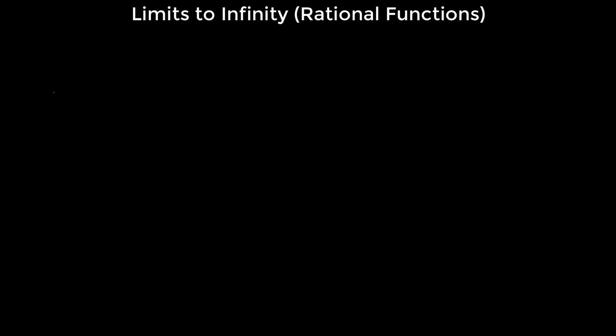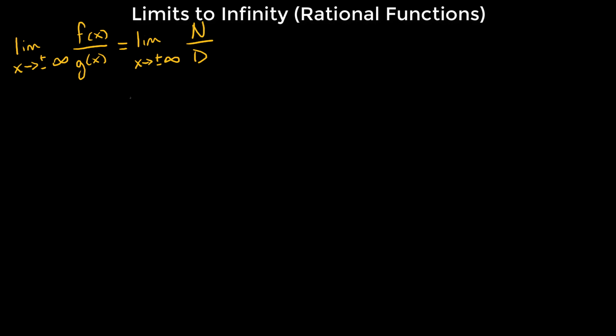So step 1, if we're taking the limit as x approaches plus or minus infinity of a rational function where we have a numerator and a denominator, I'm denoting f of x being the numerator, g of x being the denominator, or we could say that we're taking the limit as x approaches plus or minus infinity of some function over another function, numerator and denominator. For the sake of this video, I'm going to make this very casual, and so I'm just going to identify the numerator with n, the denominator with d.